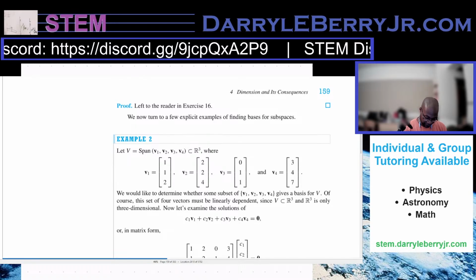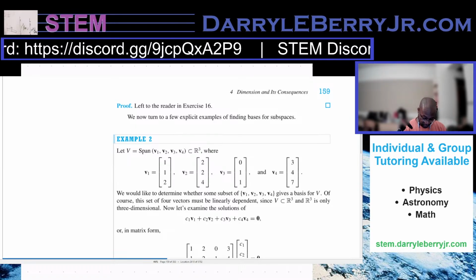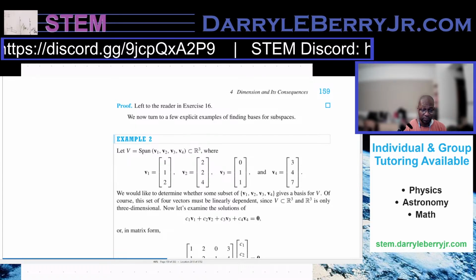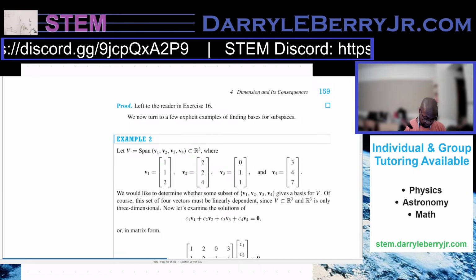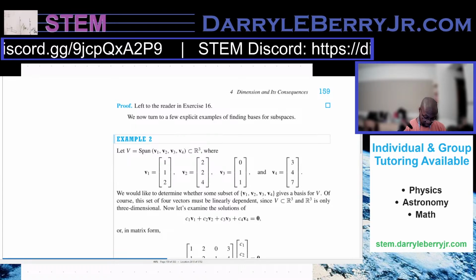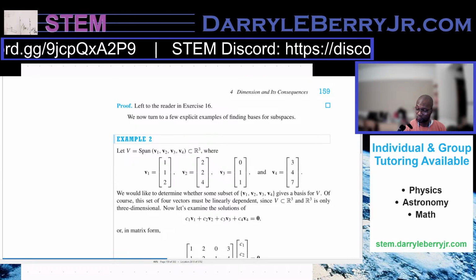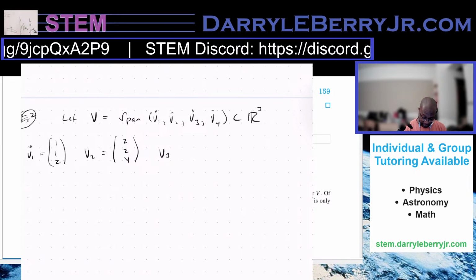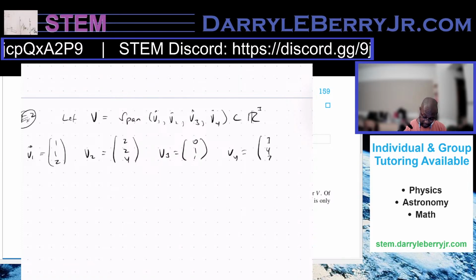So it says, let V equals span V1, V2, V3, V4, and that's in R3, where V1 equals 1, 1, 2, V2 equals 2, 2, 4, and V3 equals 0, 1, 1, and V4 equals 3, 4, 7.